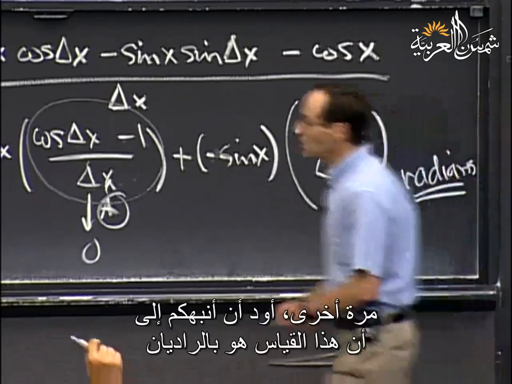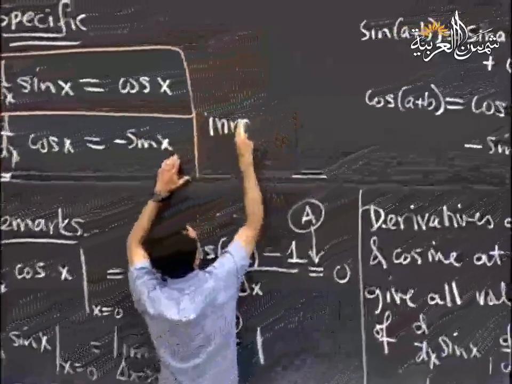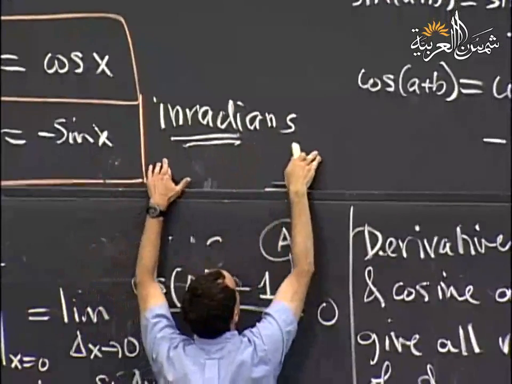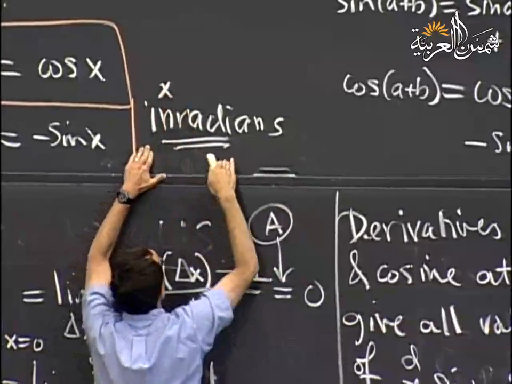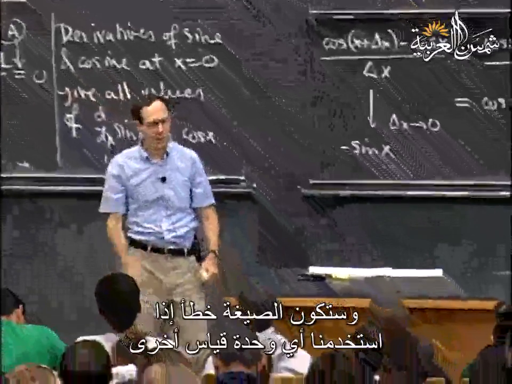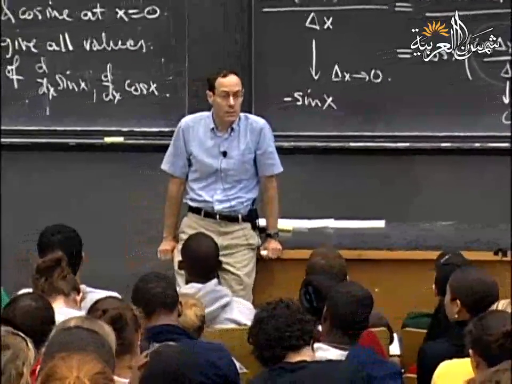All right? So again, a little warning here that this is in radians. So now here x is in radians. And the formulas are just wrong if you use other units.